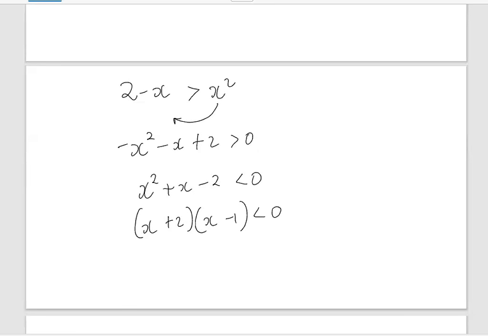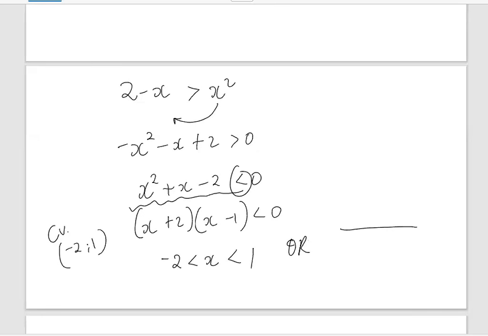Meaning that the answers we get here, they are known as critical values. We're going to have a negative 2. We're going to have a 1. Now, how do we represent the solutions of this? So since the inequality at this level is less than 0, meaning that we're going to have negative 2 is less than x, less than 1. Alternatively, someone can draw the number line and say this is a negative 2, this is a 1.